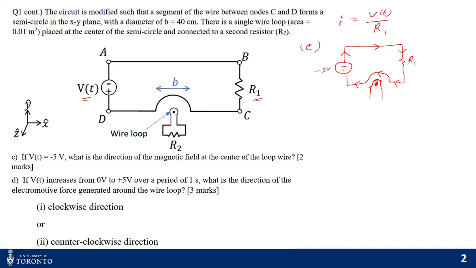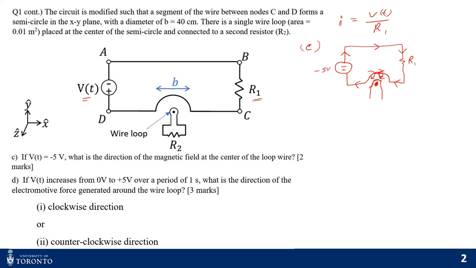Now for this one, you have a current carrying wire, and you know the direction of the current. So here you will use the right hand grip rule, right? If you point your thumb in the direction of the current at this region, then the curl of your fingers should point out the direction of the magnetic field, so it should curl like this.